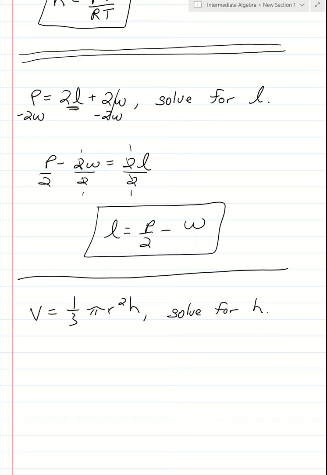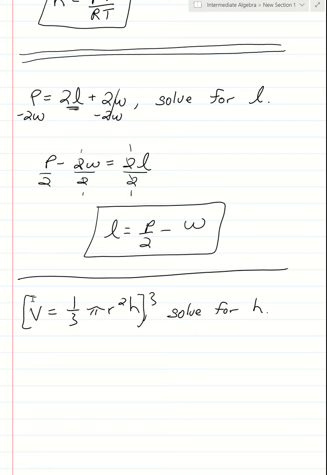Well, one thing that we can do first of all, maybe, since a lot of people are not a fan of the fractions here, like 1/3, to eliminate a fraction like the 1/3, what we can do is multiply both sides by the reciprocal, and the reciprocal of 1/3 is 3.